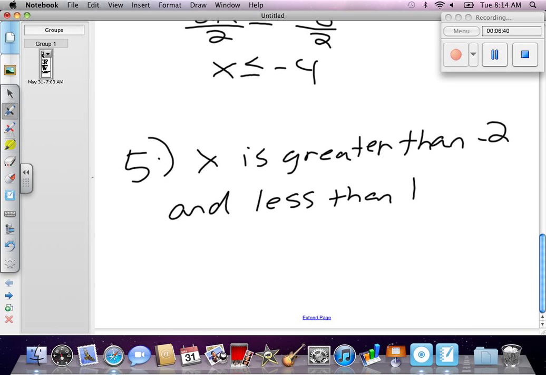X is greater than negative 2. What does greater than mean? What does that sign look like? Would I be eating the x or eating the number? X is greater than negative 2. Eating the x, okay. And less than 1. So x is greater than negative 2, but less than 1.